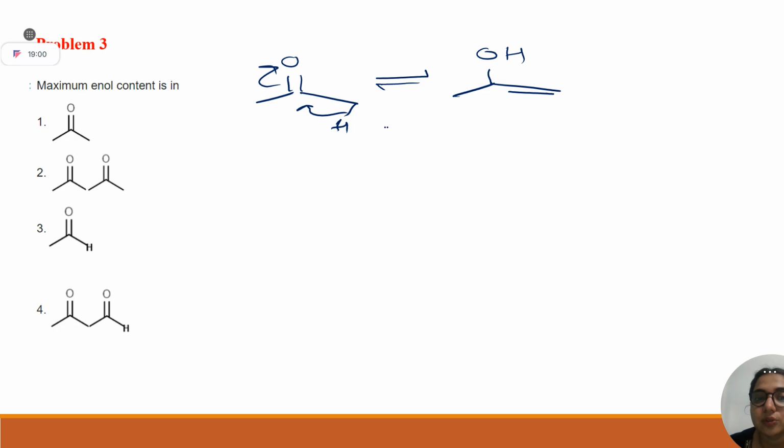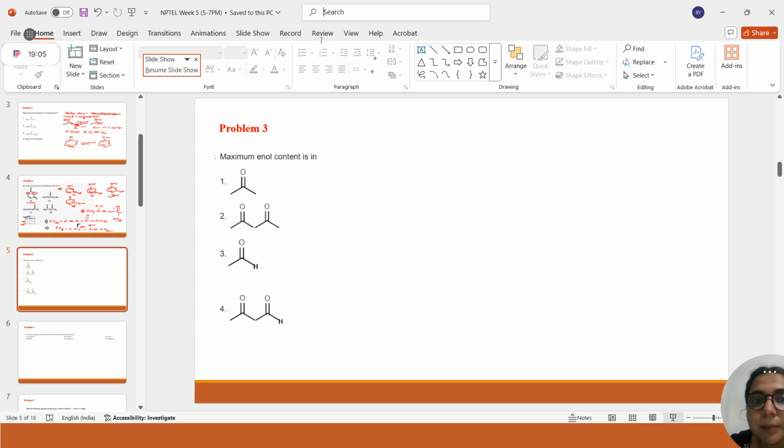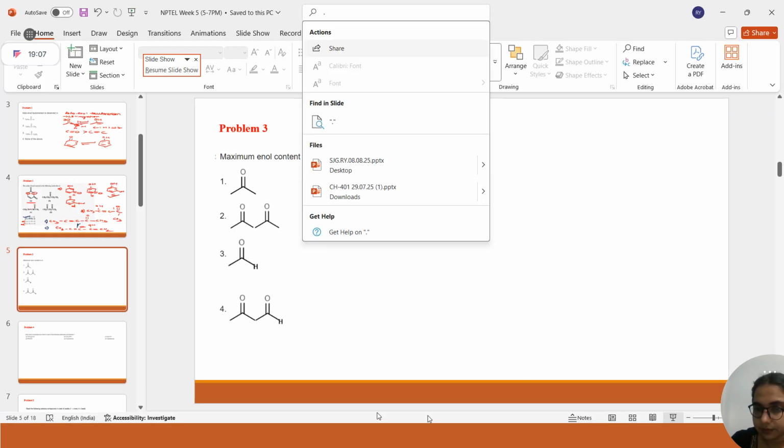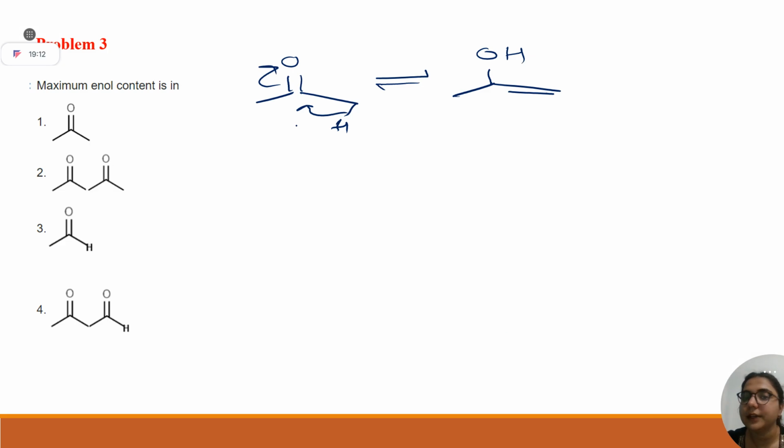These are tautomers only, showing keto-enol isomerism by 1,3 hydrogen migration. How? 1, 2, 3. You just have to take this bond here like this and this single bond OH, and due to the alcohol, enol.